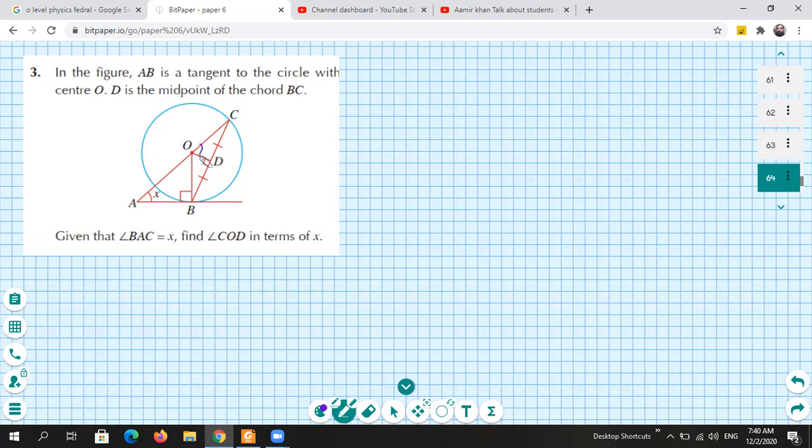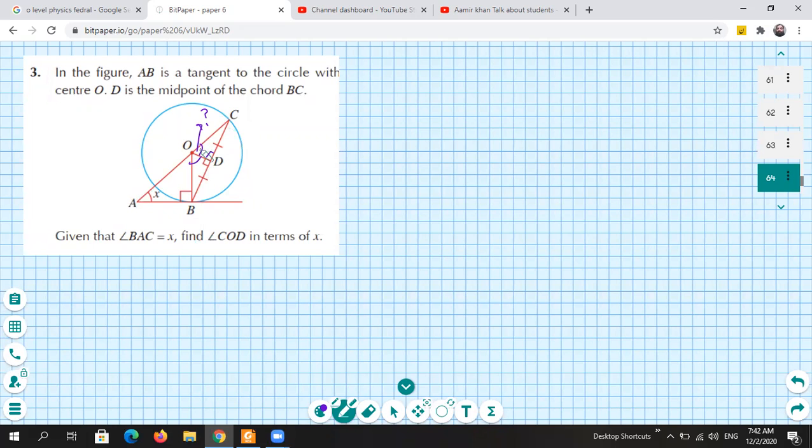This angle in terms of X. So as this is the midpoint, this will be 90 as well. Or as this line bisects this chord BC at D, it means these two angles are equal.